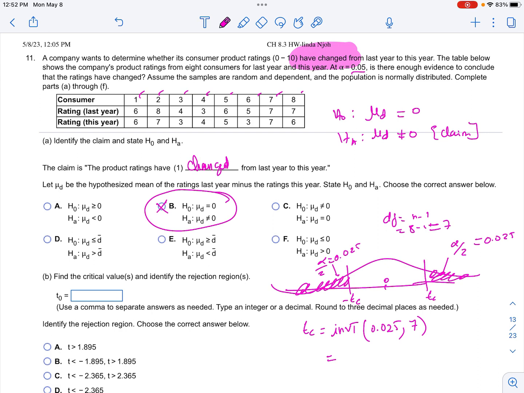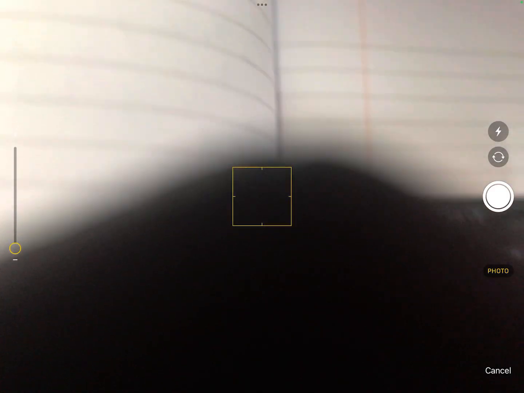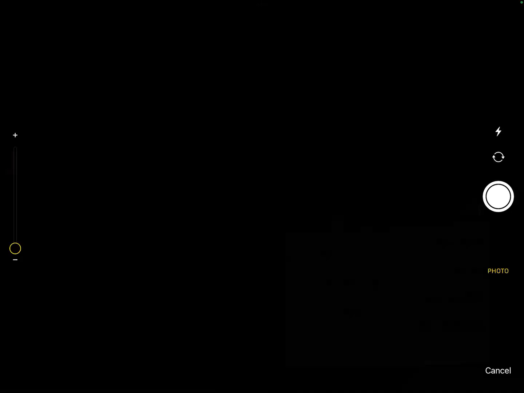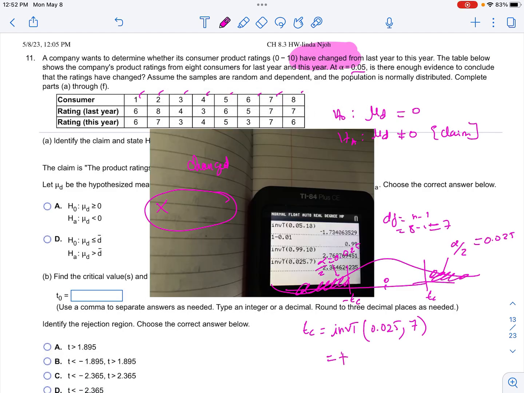So I'm going to show you my screen. Second function DISTR, inverse T, 0.025, 7. So we have a plus or minus here. So the choice is plus or minus 2.36.